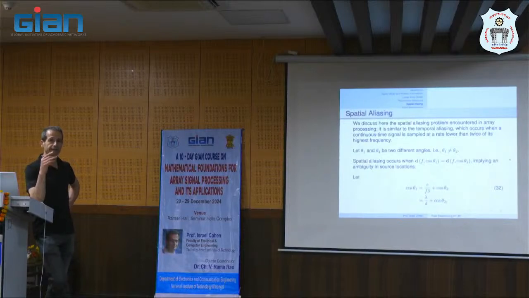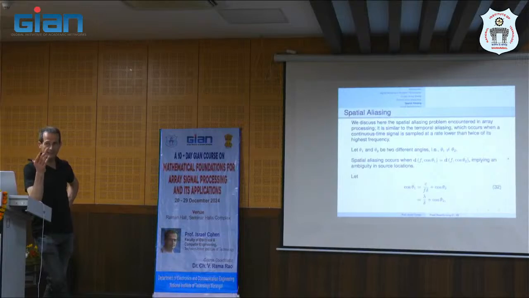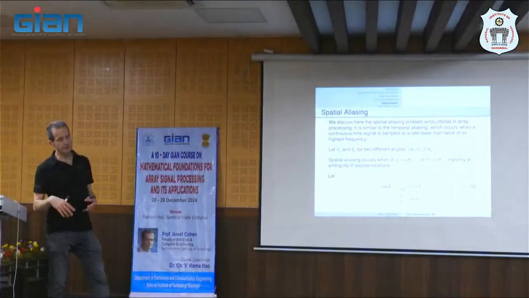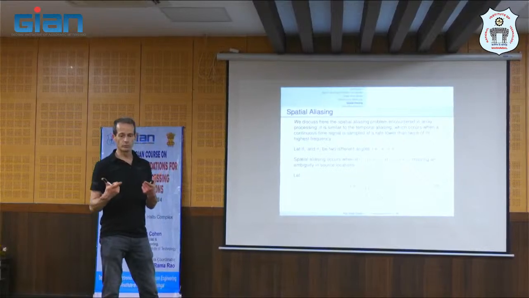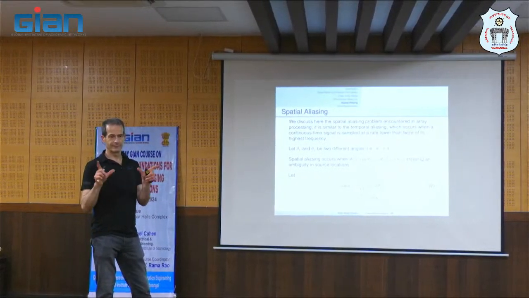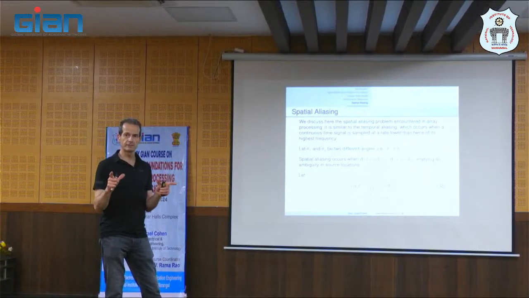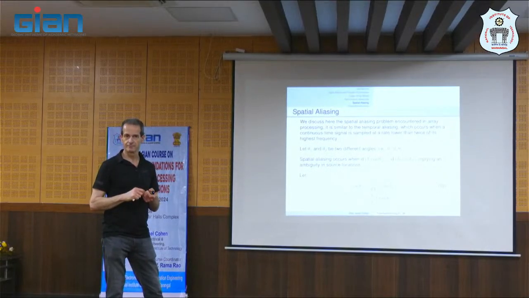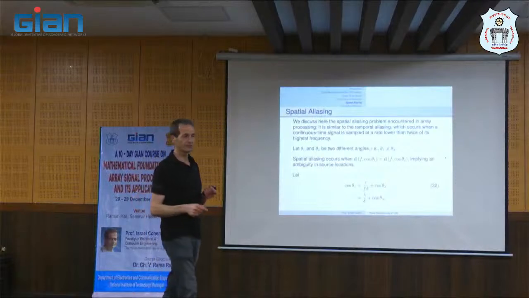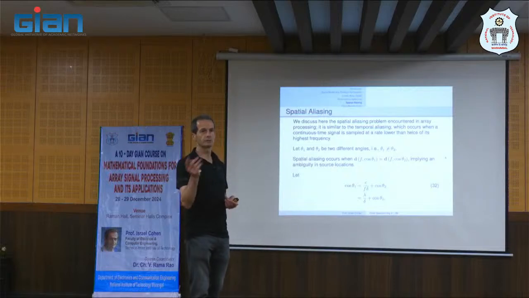If it's at least twice the highest frequency, then we can reconstruct the continuous signal, or any two discrete signals that are sampled, if they are different, it means that the continuous signals are also different. So this is an alternative way to say that we can reconstruct the continuous signal.